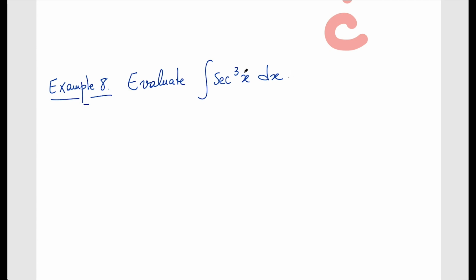Okay. So that thing is the same as, if you call it I, I is the same as the primitive of secant x times secant squared x dx.